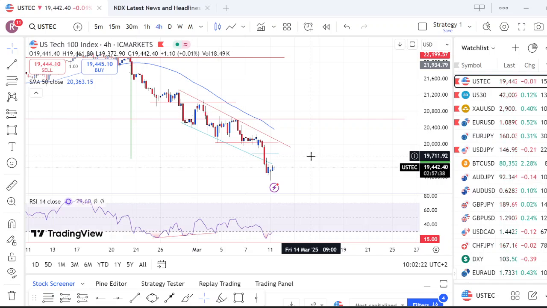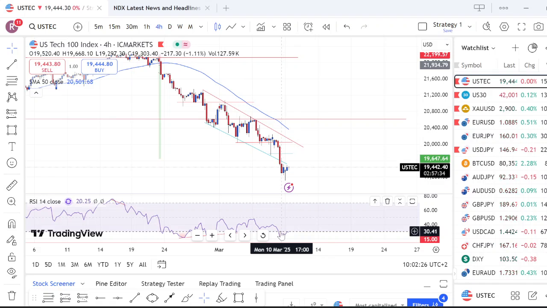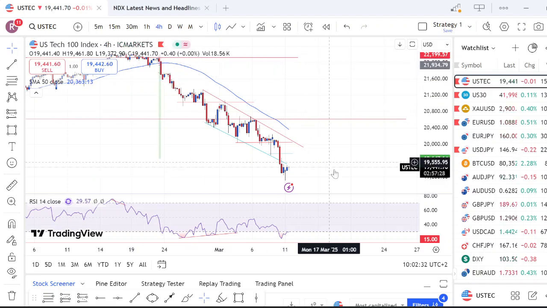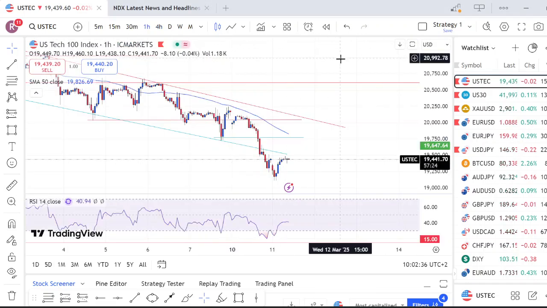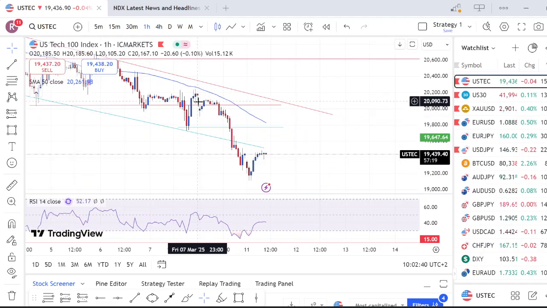We have a lot of bearish confluences such as the RSI. We can see that we are in the overextended region of the RSI and that price is trading below the 50 MA. Going down into the lower time frame on the 1 hour, we can observe that at the open, price did open with a gap.